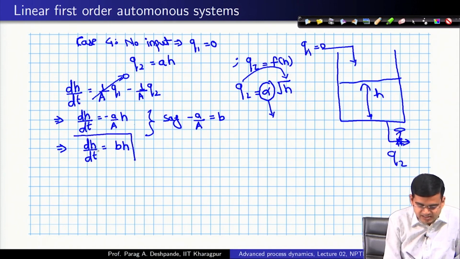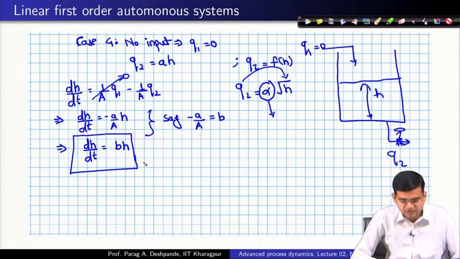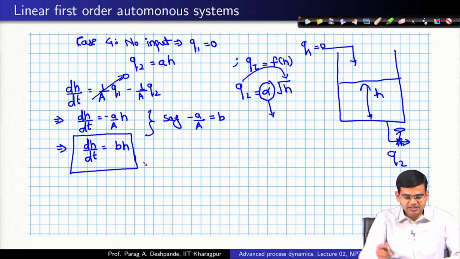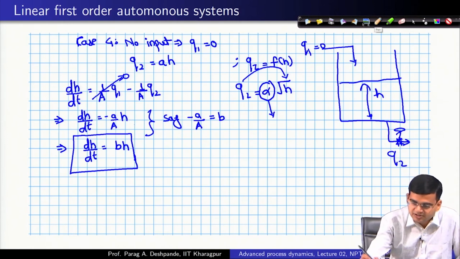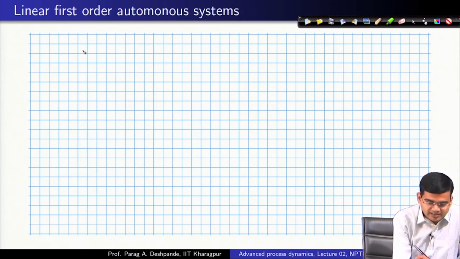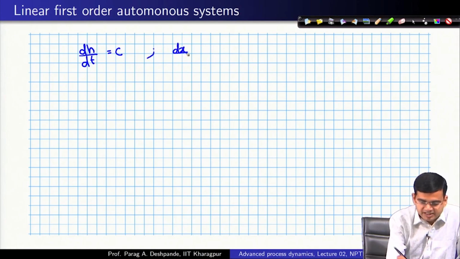Now, this is a very specific form for the equation. So, let us take all the cases one by one. In case 1 we saw dH by dt is equal to a constant, which is of the form dx by dt is equal to a constant.